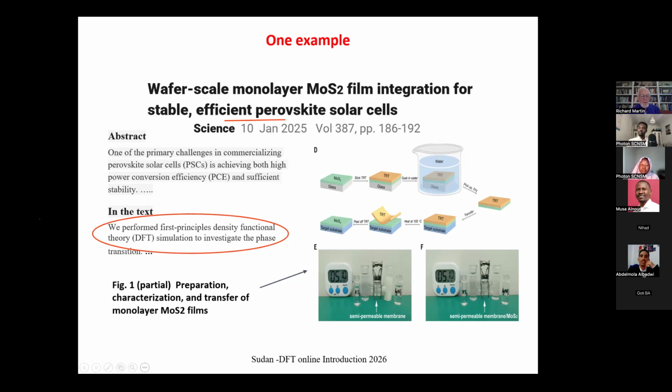And that's where it came in, this density functional calculation of the phase that's right at this interface between this coating and the perovskite, where the experimentalist simply doesn't know where the atoms are. So just an example.